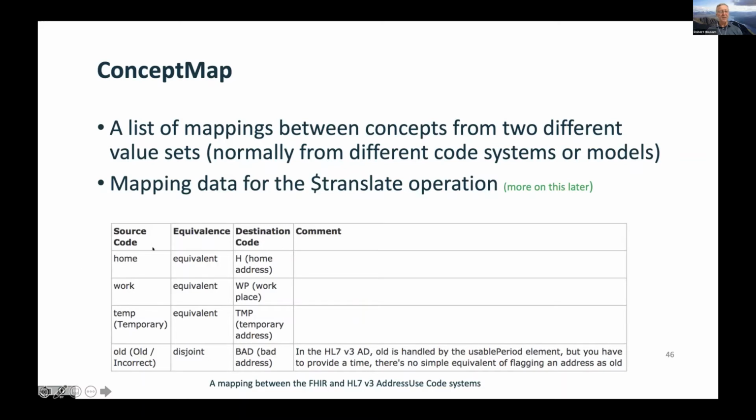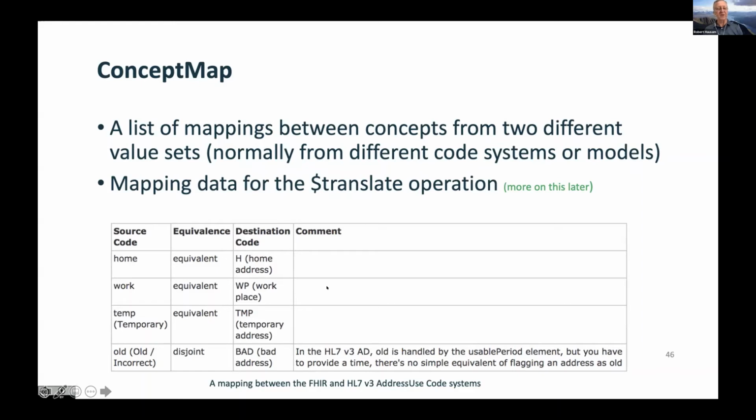This is just a simple example of looking at codes for addresses. Basically, you might have a home and a work address and a temporary address and all that. Then you have another code system, where the code home is equivalent to the code H, work to WP, and temp to TMP. But old doesn't really have any mapping, essentially.